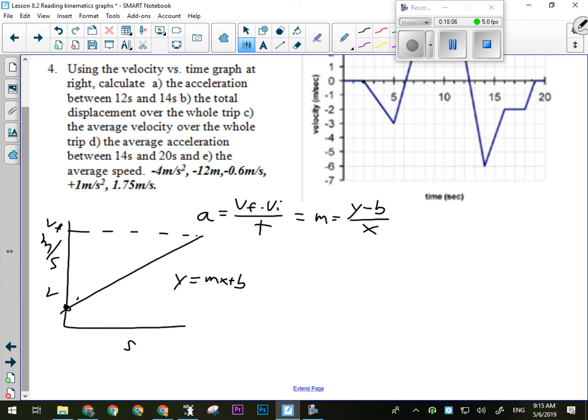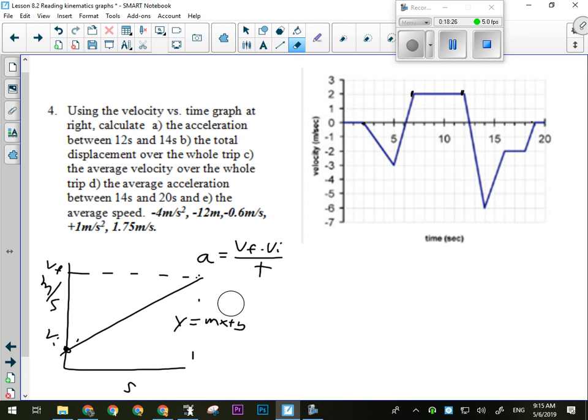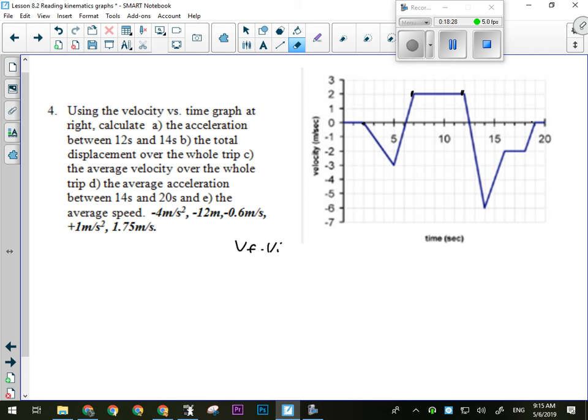B would be our initial velocity. X is once again our time. So that formula is the slope of a line on a velocity versus time graph, same as it was for velocity on a position versus time graph. Okay. All right, so I've got this formula here. Because I've got a bunch of different sections, I'm not going to be doing any slope calculations. I'm going to be doing this section by section.